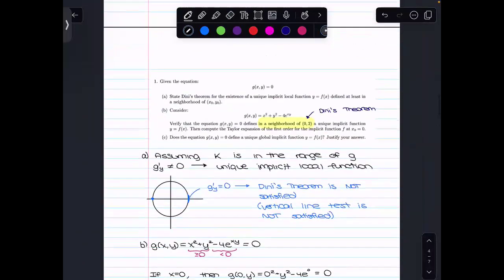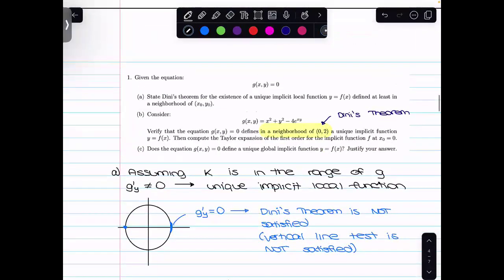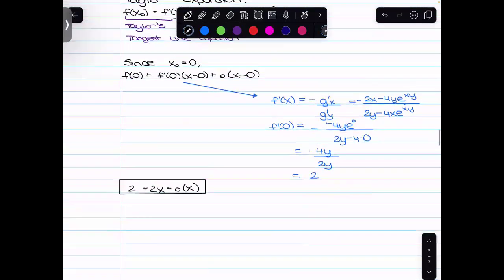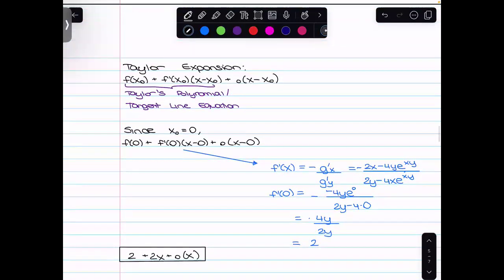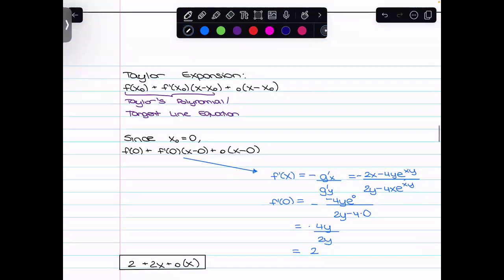Okay, so now for part C, we want to know if this implicit function is unique, not just locally, but also globally. You can look at this in different ways. The classic way to check that would be using the derivative of f and checking if it's always positive or negative, which would guarantee that the function is strictly increasing or decreasing with respect to y.